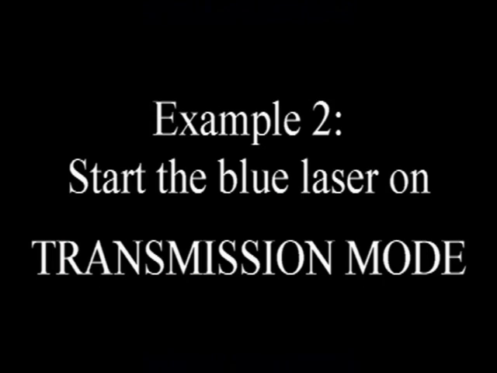Then the collimated beam reaches the sample and you image through the camera. As a second example, we can start the blue laser in transmission mode. So here's the blue laser in transmission mode.